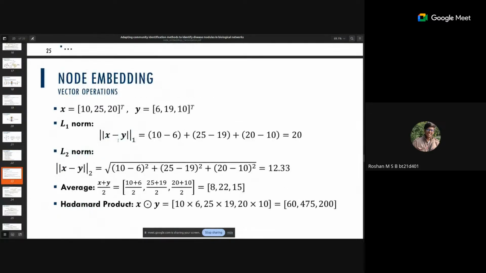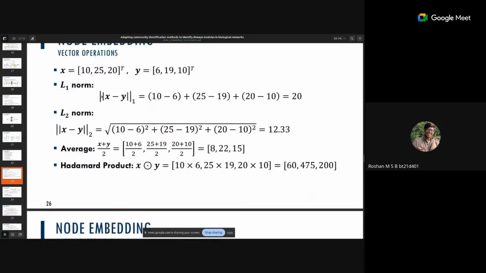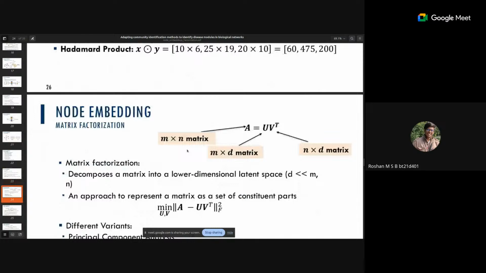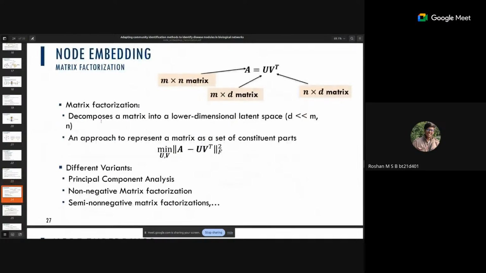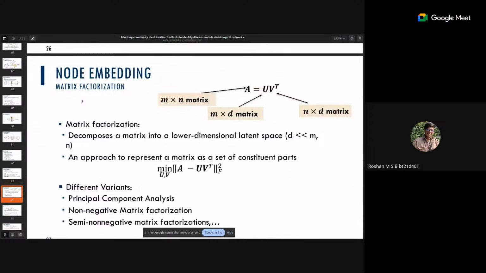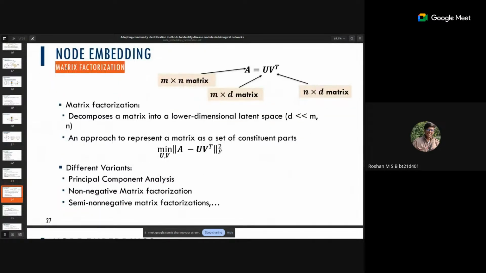Before this, I think you were all familiar with these vector operations. This is how you calculate the L1 norm, L2 norm, and so on. This is quite simple. You can actually go through it. Moving on to matrix factorization.